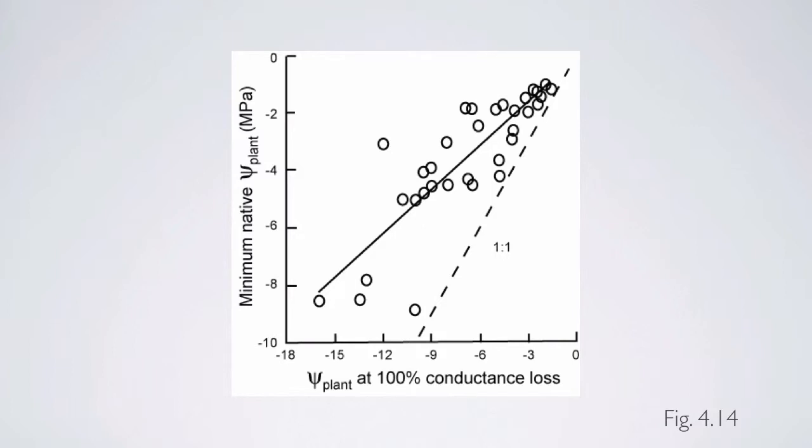So if you look across a broad range of species, here's your one-to-one line, which means that a plant in nature might be at -9 megapascals for its water potential, and that's right at the point at which it starts to lose all ability to conduct water because you've had cavitation in all the xylem. And what most plants do is they're going to stay above that line. So their water potential is going to be a lot higher than the point at which you have cavitation. So this right here would be your margin of safety, for example.